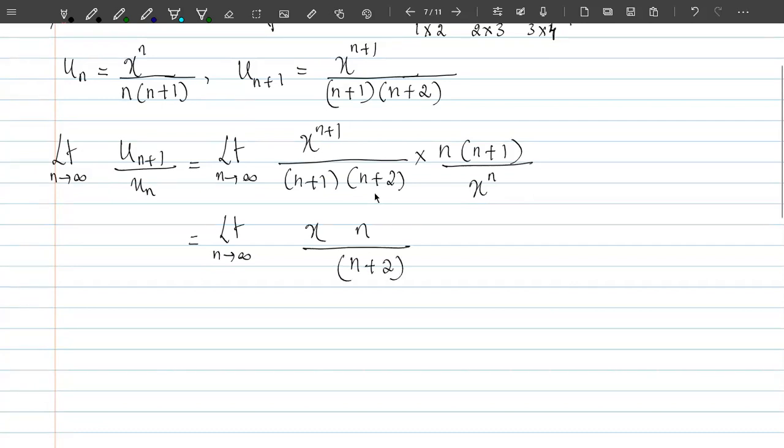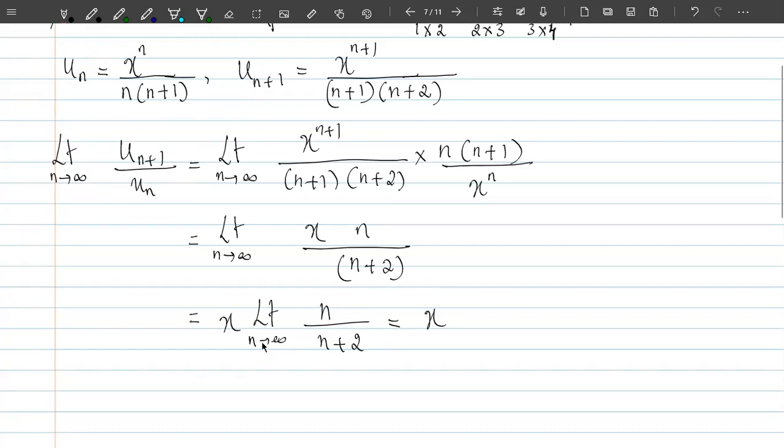So now that's equal to x into limit n tending to infinity n by n plus 2. You have already learned L'Hopital's rule. So if you use L'Hopital's rule here, what do you have? Before using L'Hopital's rule, just take the limits here. As n tends to infinity, this limit takes the form infinity by infinity.